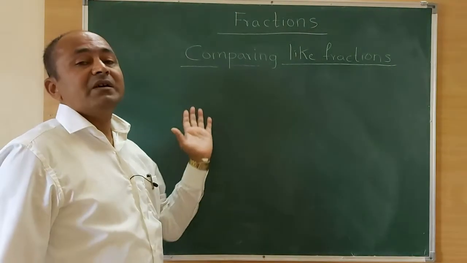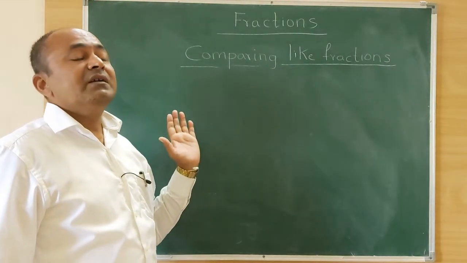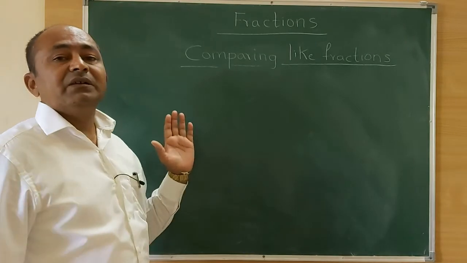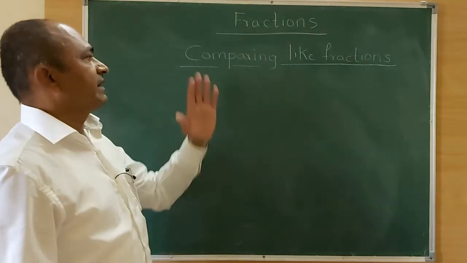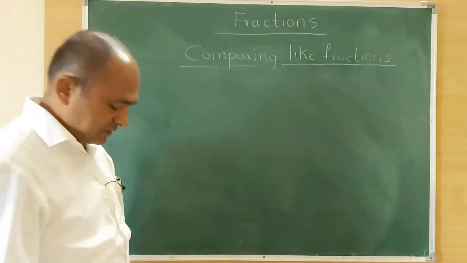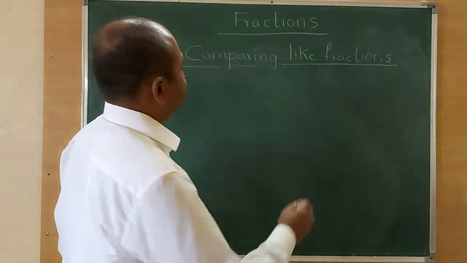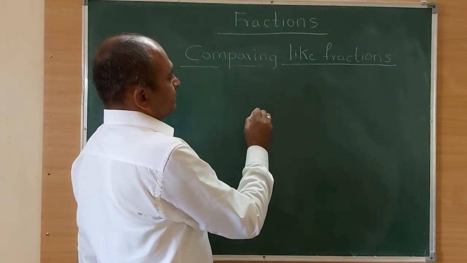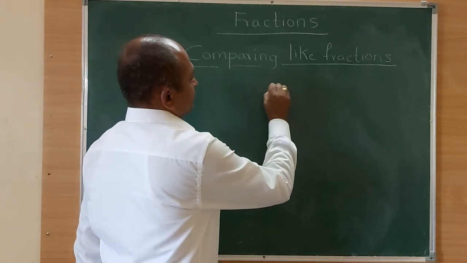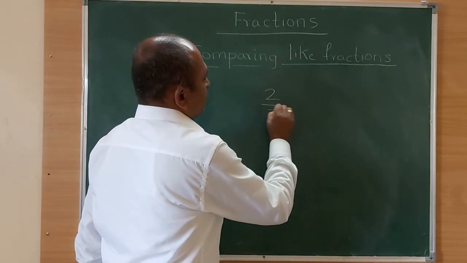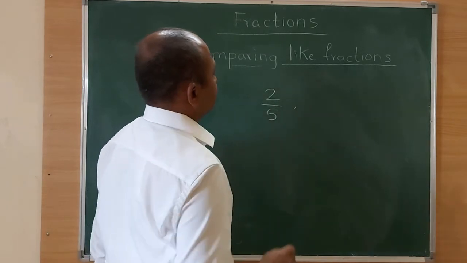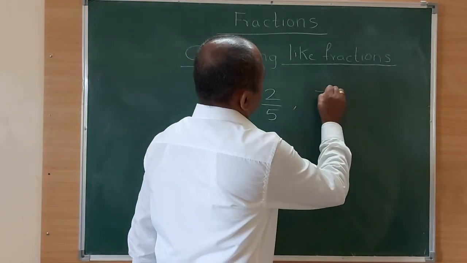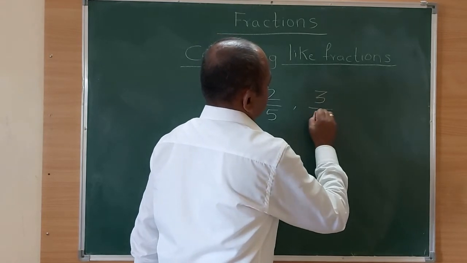Like fractions means fractions having the same denominators. How to compare like fractions? Suppose two fractions are given: 2 upon 5 and 3 upon 5.